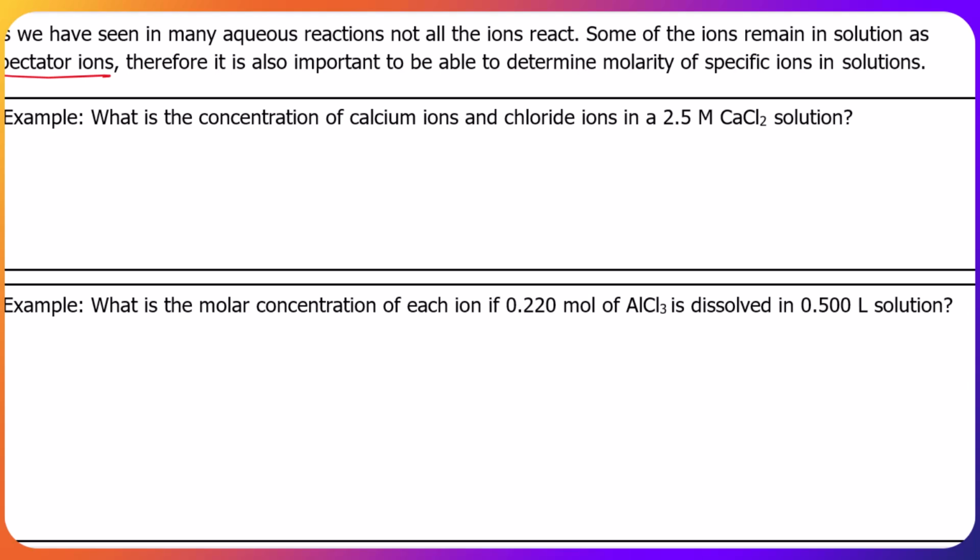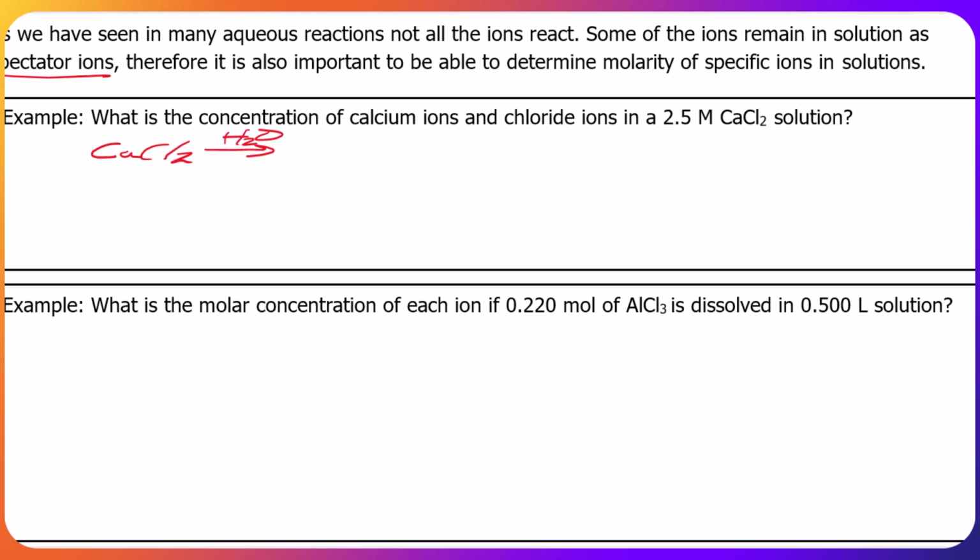Now, this is actually very simple. So if I've got calcium chloride, you can see then, if I look at my specific solubility rules, all chlorides are soluble except for silver, lead, and mercury. This is going to be a strong electrolyte in good old H2O.